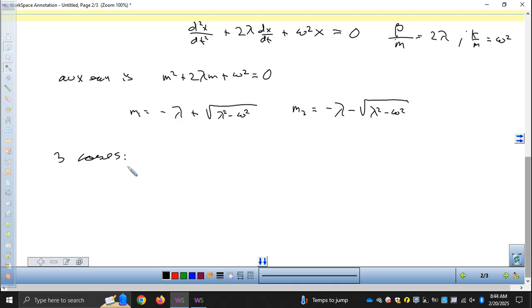So our three cases. The first case is if lambda squared minus omega squared is greater than 0. So we call this system overdamped.